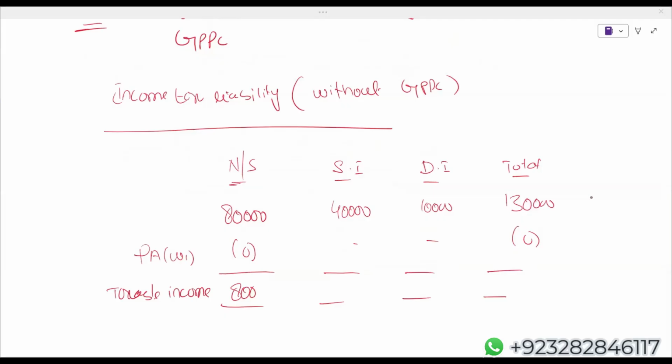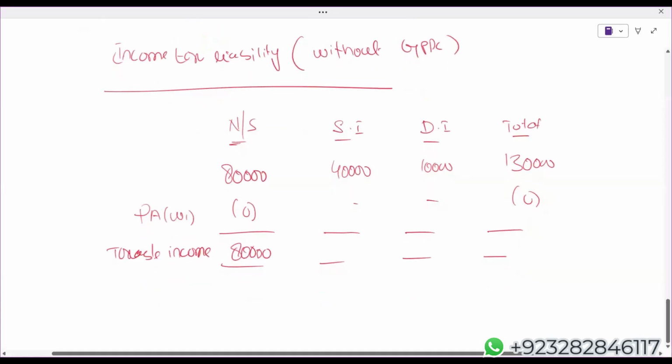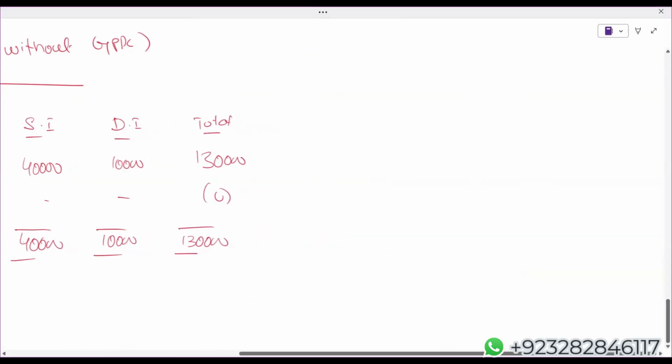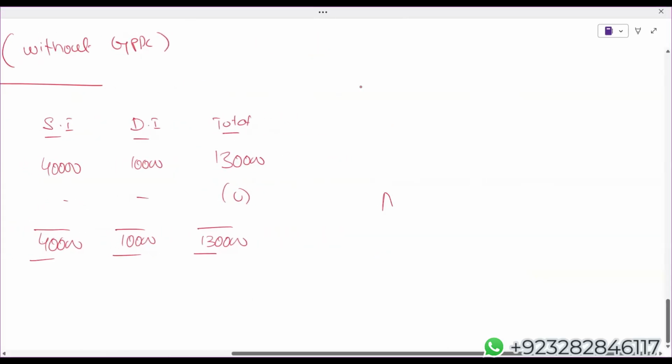Okay, that's great. We have got other answers as well. Taxable income is 80, here it is 40 and then 10. If there is no gross PPC, then your adjusted net income is equal to obviously net income.